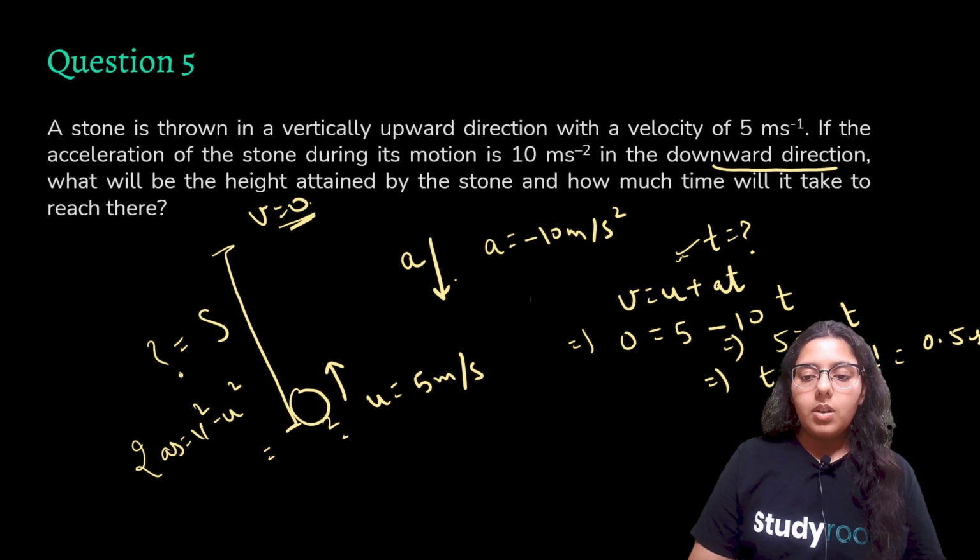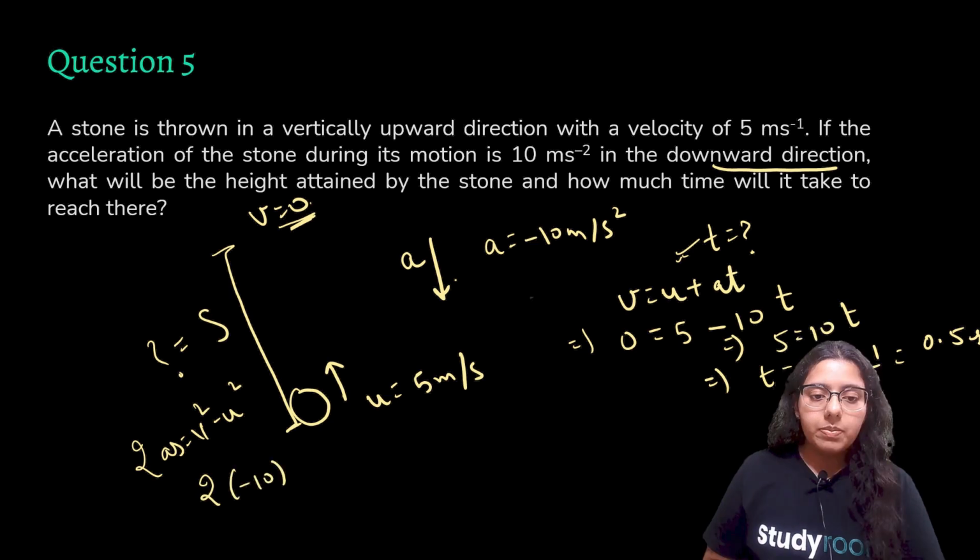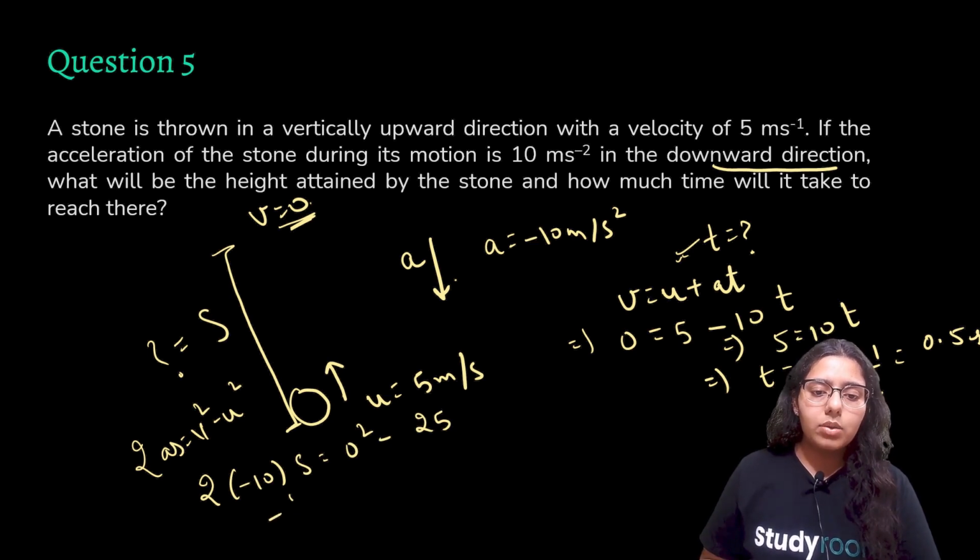S equals 25 by 20, that is 5 by 4, that is 1.25 meters, okay? So this is how you can calculate.